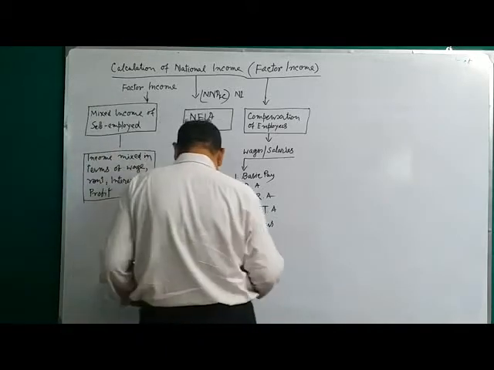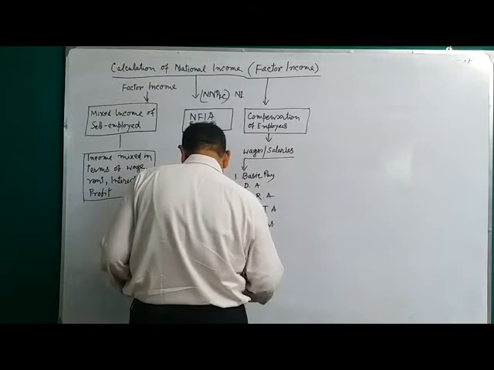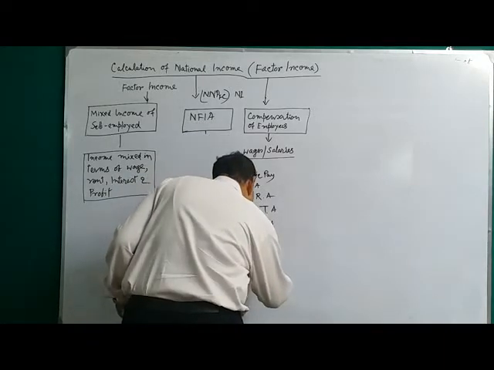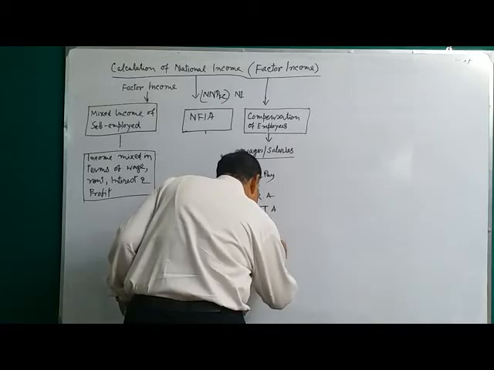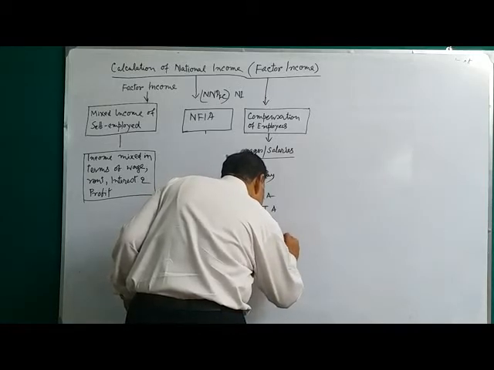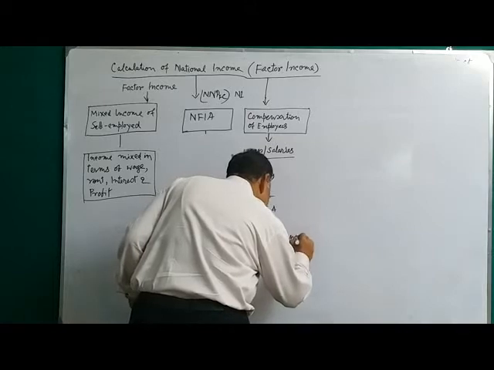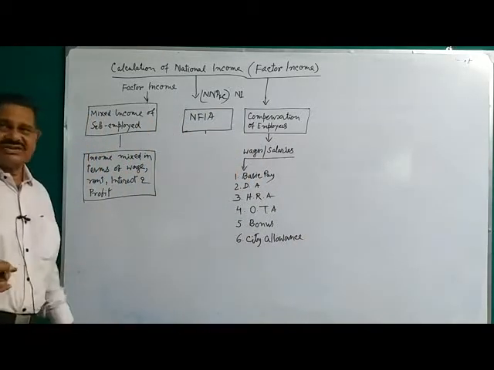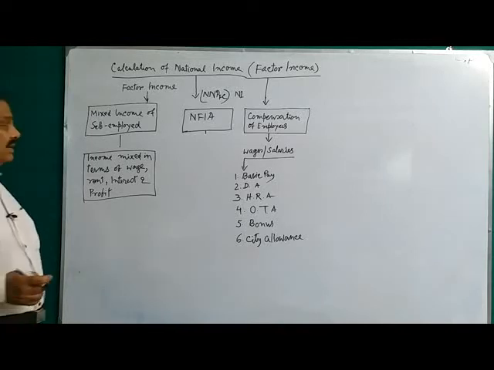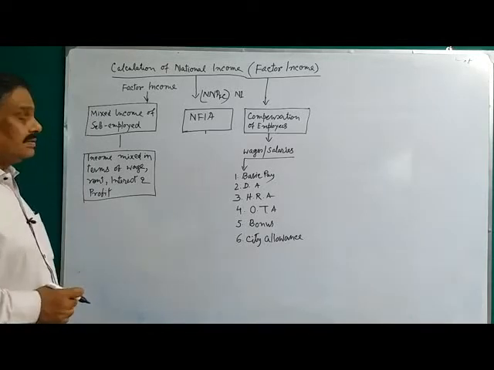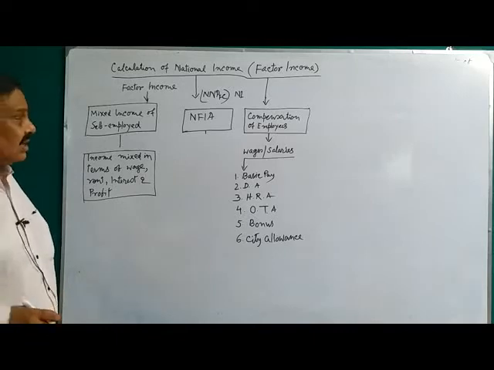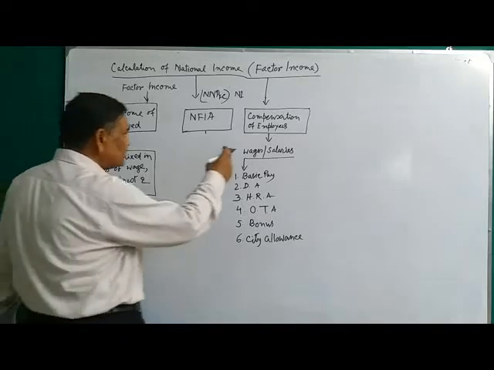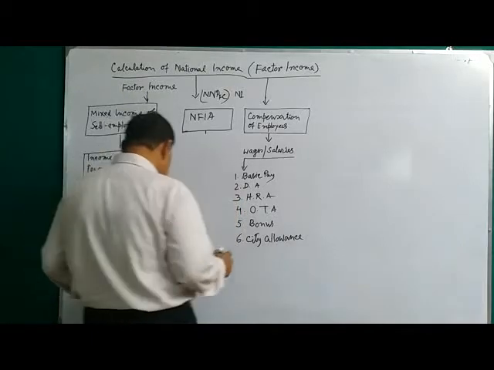Number 6, city allowance. Sometimes, if he has to work in a costly city like Bombay, Delhi, Calcutta, and so on, then he may get city allowance extra, which is not paid in rural areas. So, wages and salaries consist of these.